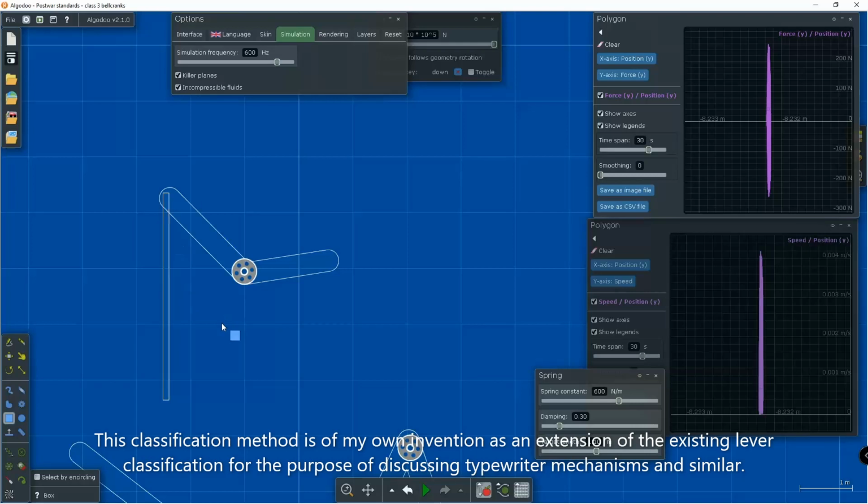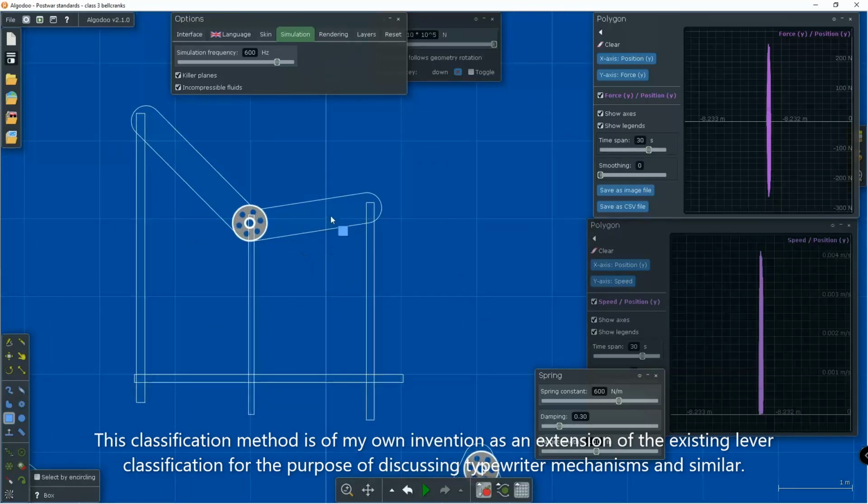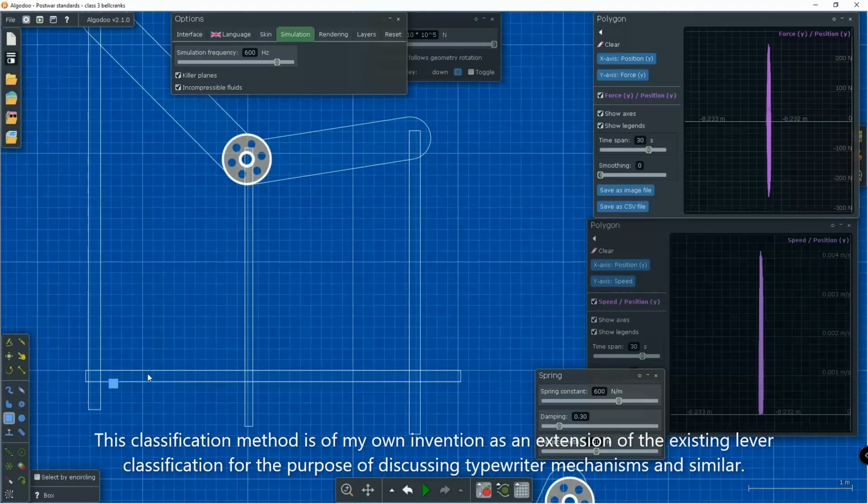We want to take the projection of the other two vertices here, namely the fulcrum vertex and the load vertex, onto a line perpendicular to our effort vertex over here. So that means then that the class of your bell crank will be based on the class of the collinear lever on this projection here.